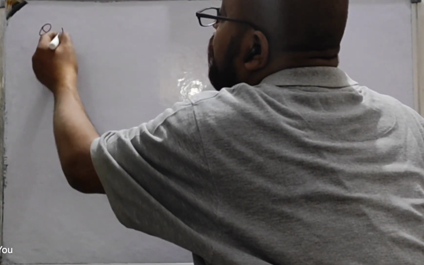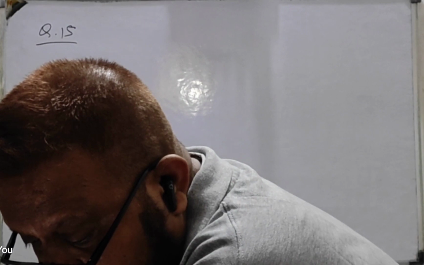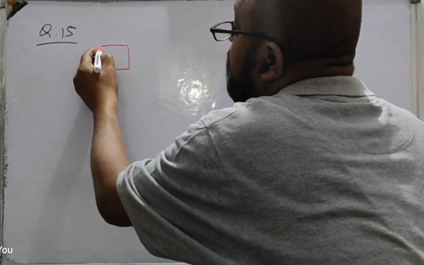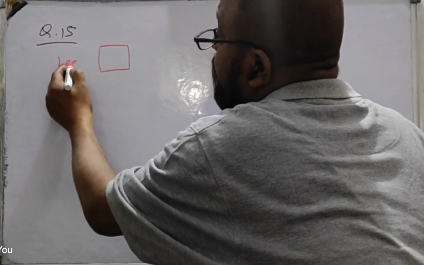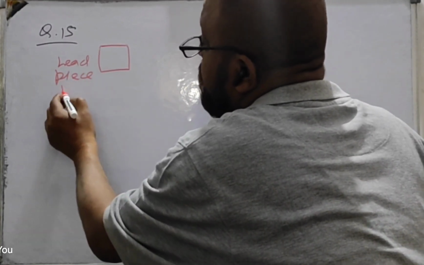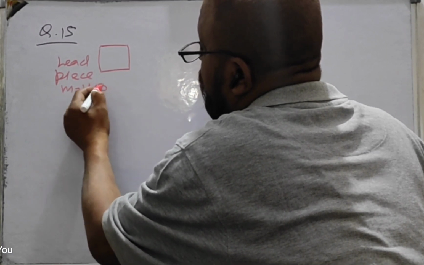Question number 15 is like this: there is a lead piece of mass 400 gram.